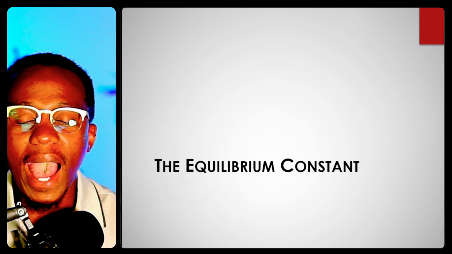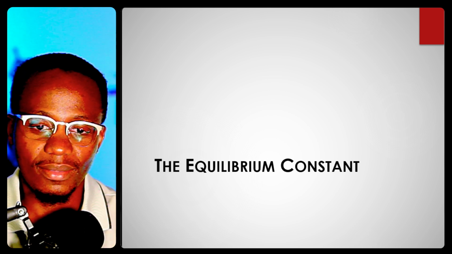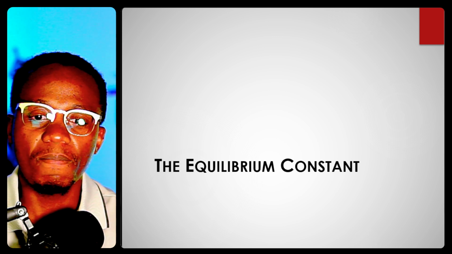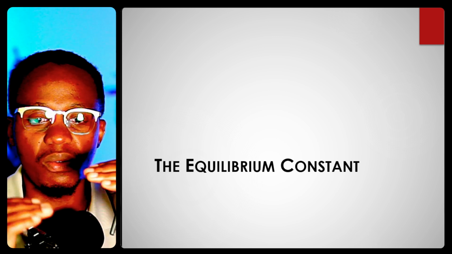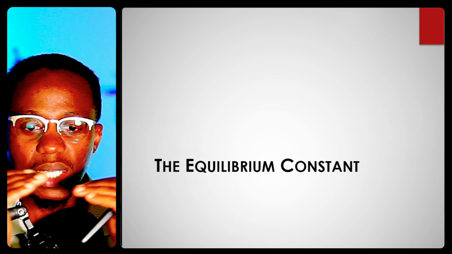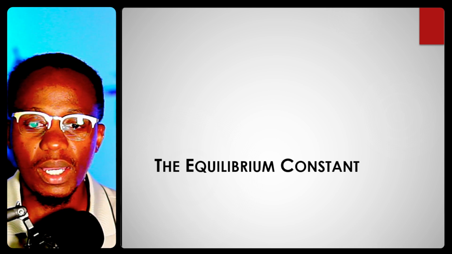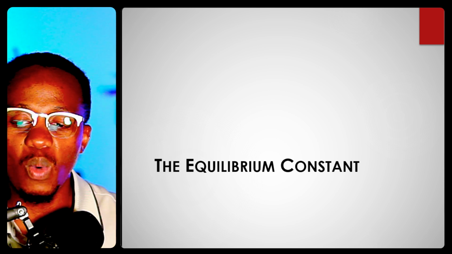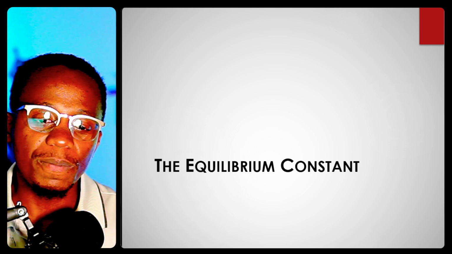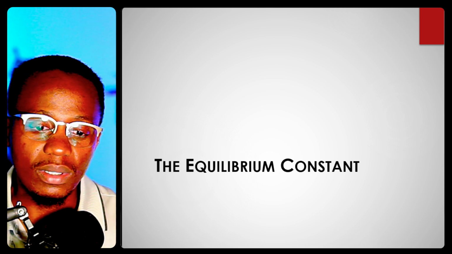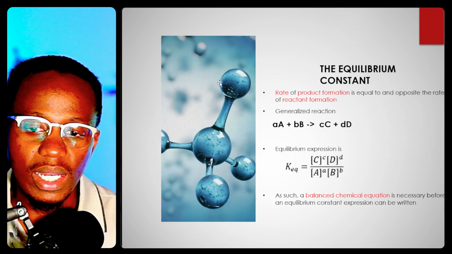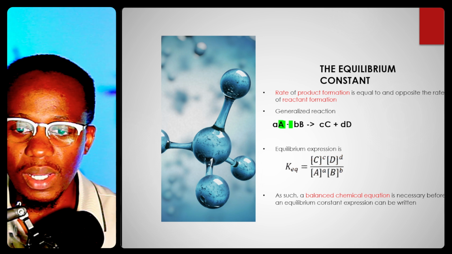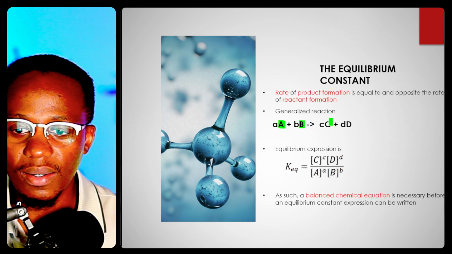If we are at equilibrium, what do you think the equilibrium constant will be? Meaning that if the forward and reverse reaction rates are equal, what do you think the equilibrium constant will be? The equilibrium constant will be 1, right? So what is the equilibrium constant? Let's say we have a reaction, right? A plus B equals C plus D, right?